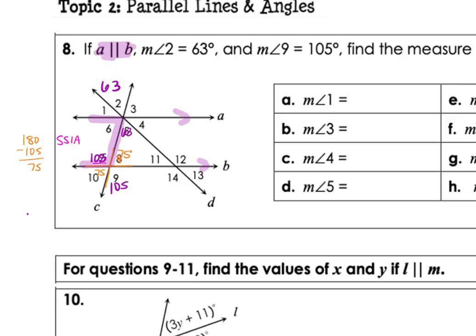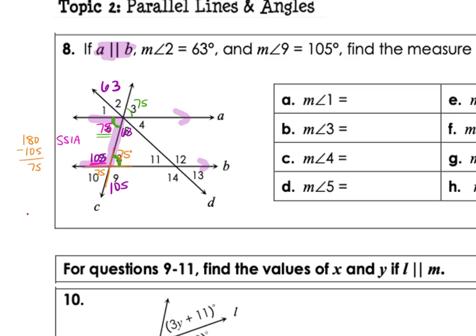So that means 105 and angle 6 have to be supplementary. Some of you may have seen it this way. This angle here and this angle down here are alternate interior angles. So look for the different types of angles that you know. If this one is 75, then 3 is 75. Those are vertical.